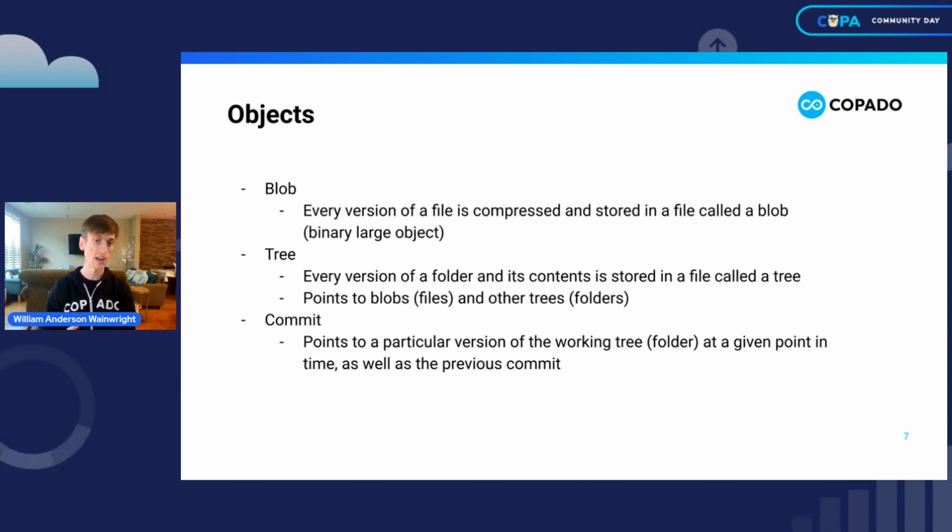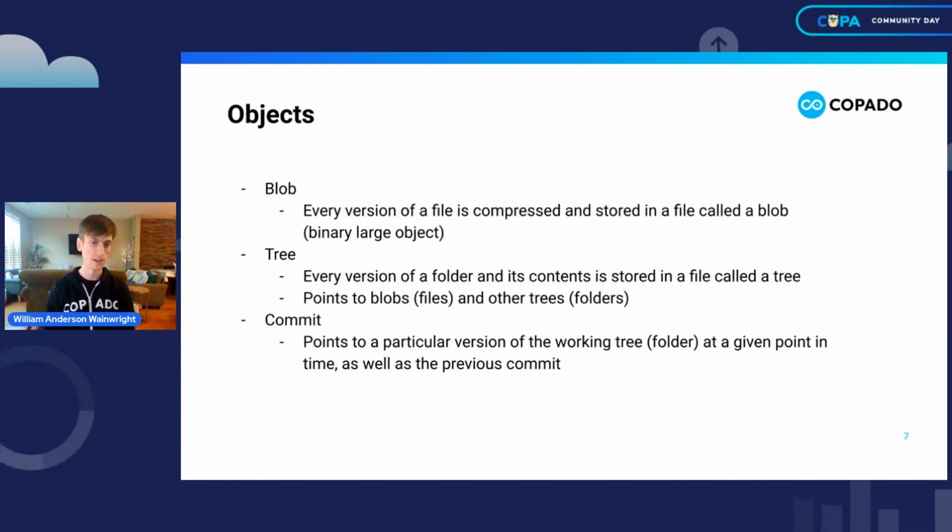In addition to tracking your files, it also tracks your directory structure. So your root directory, and then every folder within that root directory is also stored in that hidden objects folder. Git calls these trees. So it calls your files blobs, and it calls your folders trees.